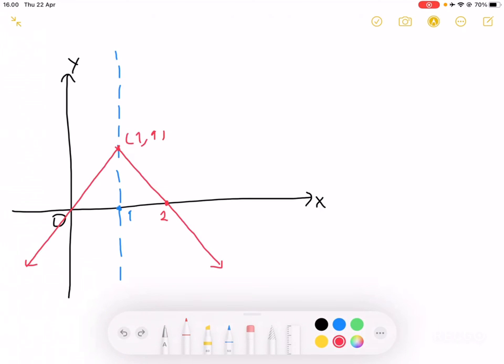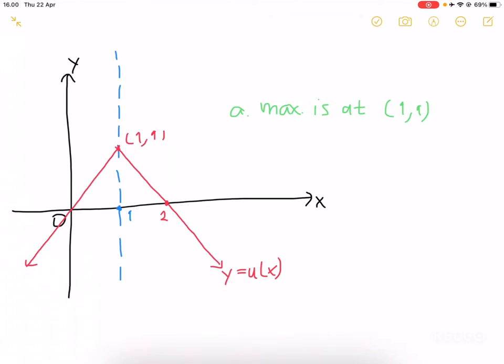And forget to indicate this y equals u of x. So indeed, we have shown that the maximum point is at 1, 1. So this is the answer for part A.